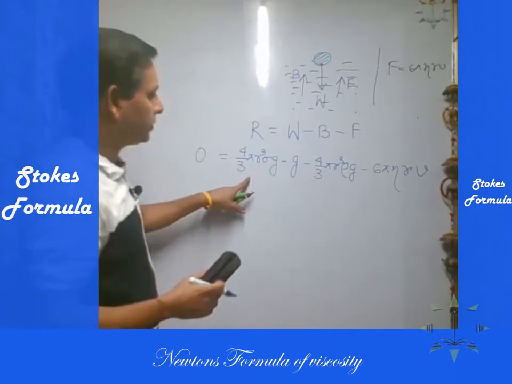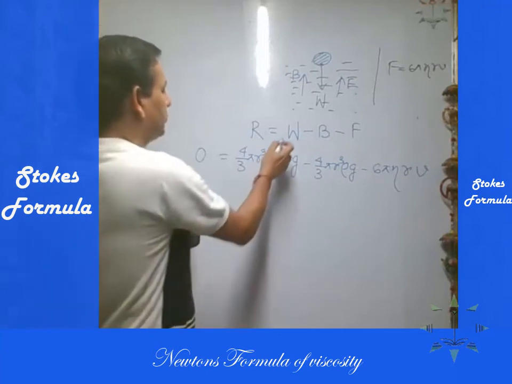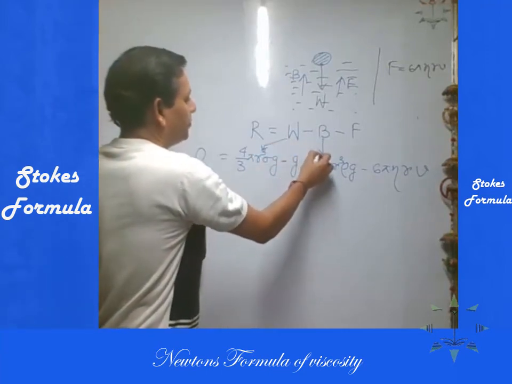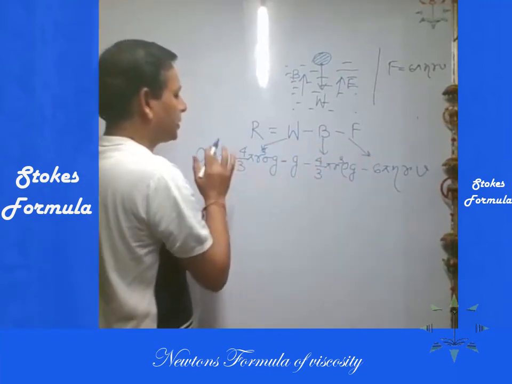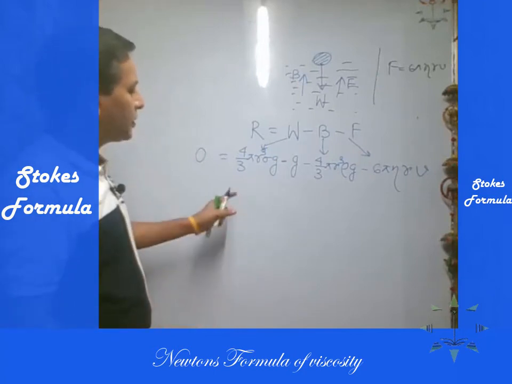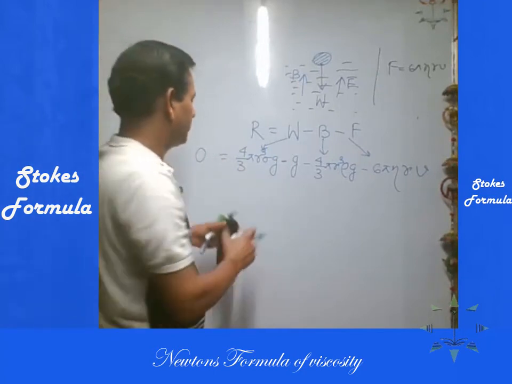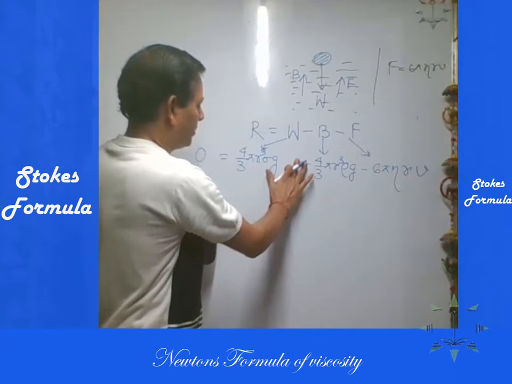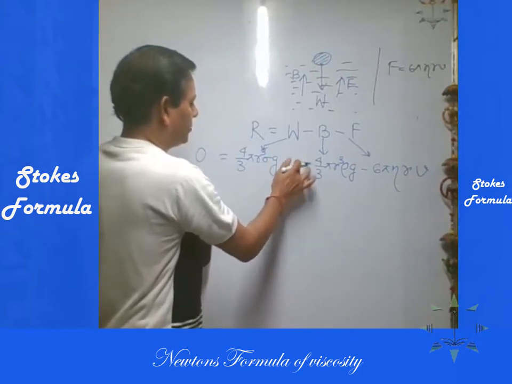So this is weight W, this is the buoyant force, this is the viscous force. The resultant is 0. So in this equation you know everything.